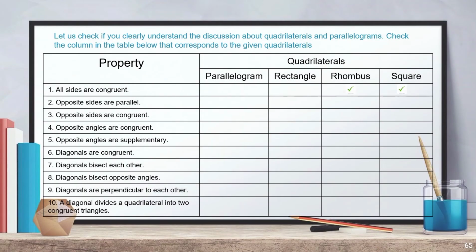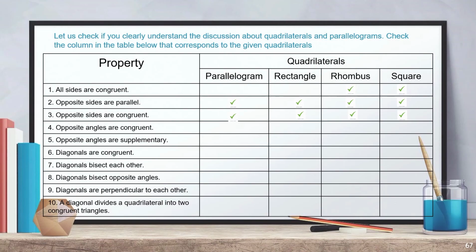Number 2. Opposite sides are parallel. So the 4 quadrilaterals possess this property: parallelogram, rectangle, rhombus, and square. Number 3. Opposite sides are congruent.